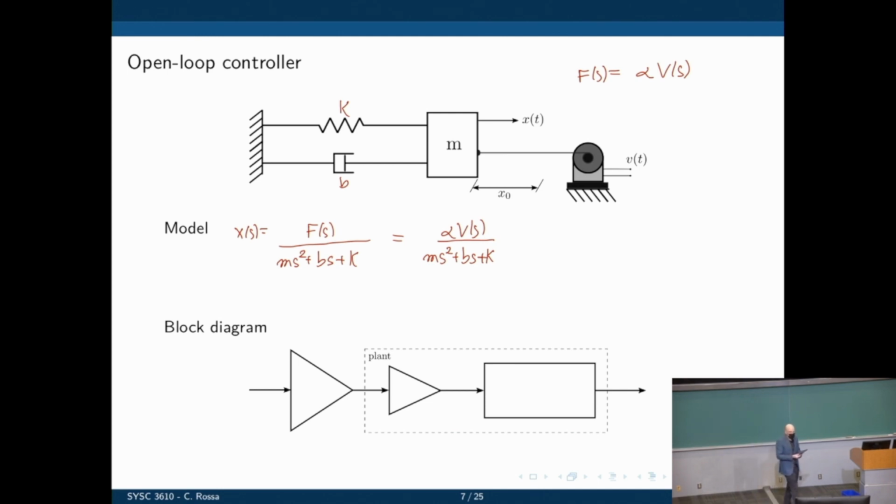If we want this system to reach a position x0, what should be the input of the system now? We are not doing any feedback control. We are just reversing the model. If you want this to move by x0, we have to give this system a voltage step input of a certain magnitude such that the mass will move to x0.